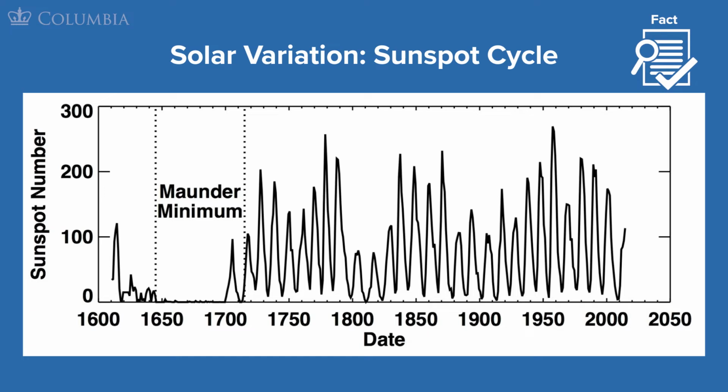And we know that, for example, in the 17th century, there was a period when very few sunspots were observed, and that was the coldest period in the last 2,000 years, in Northern Europe at least. So again, more sunspots means more energy coming from the sun, which naively would mean the Earth gets warmer, fewer sunspots, less energy coming from the sun, and the Earth might get cooler.